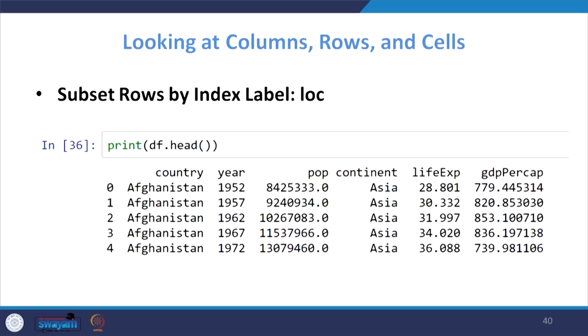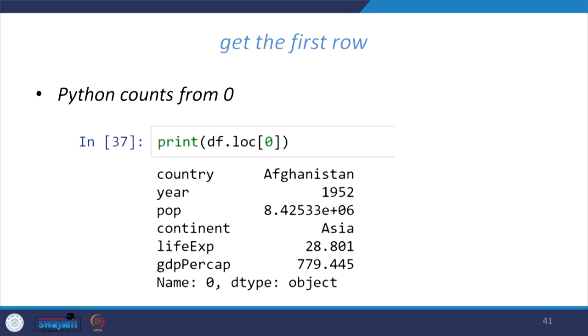So far we have been looking at different columns. Now we want to subset rows by index label. There is one command called loc. First we look at the initial file, that is print df.head. Next I want to locate the 0th row.